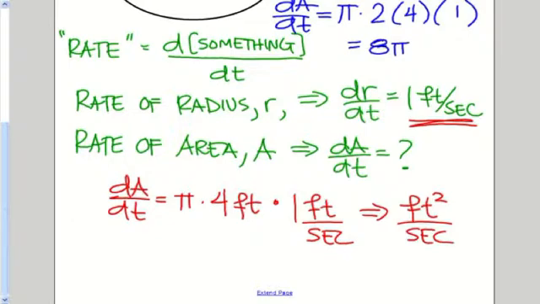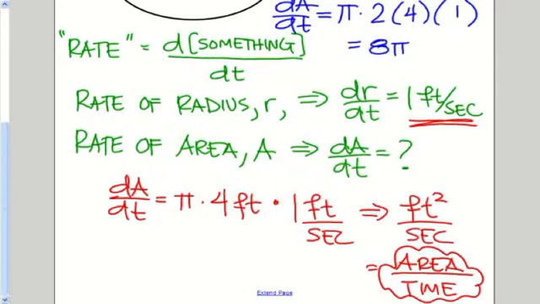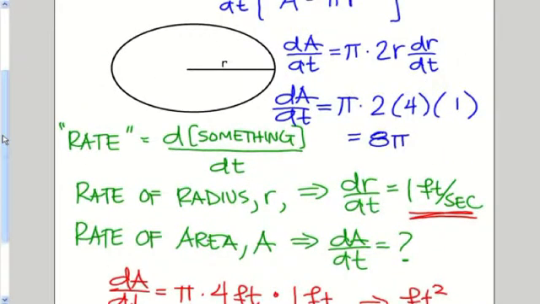Or you could think of this as area per time, which is exactly what we said at the very beginning of this problem, that what we're looking for is the speed of area. That would be how fast the area is changing with time. So with that in mind, we'll go back up and finish this problem. This 8 pi is in square feet per second.